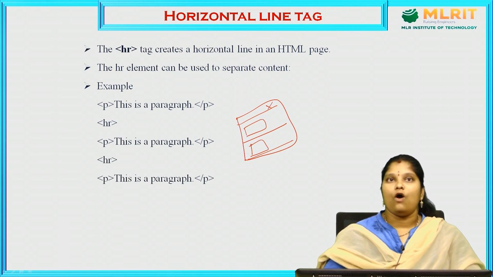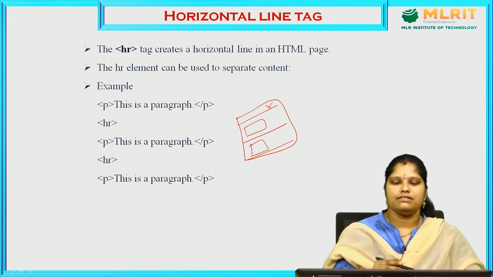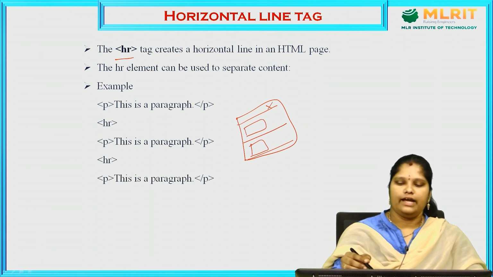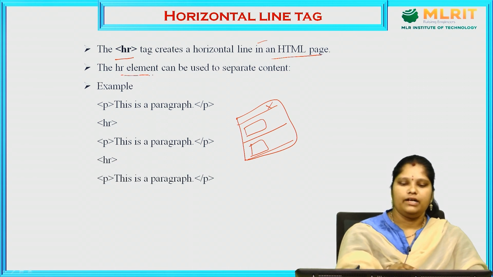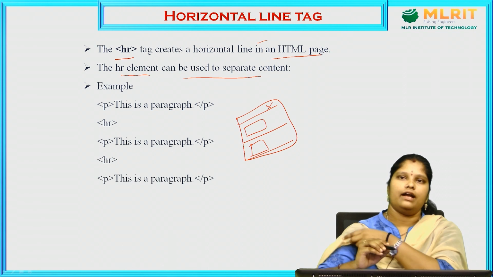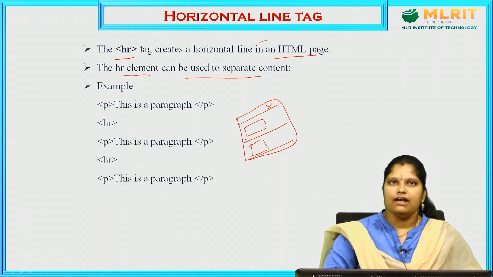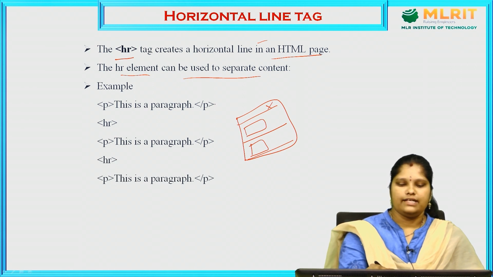This is the horizontal line tag. HR is the basic tag for a horizontal line in the HTML page, and the HR element can be used to separate content. For separating the paragraphs, we need to use the HR tag like this. This is the example, right.